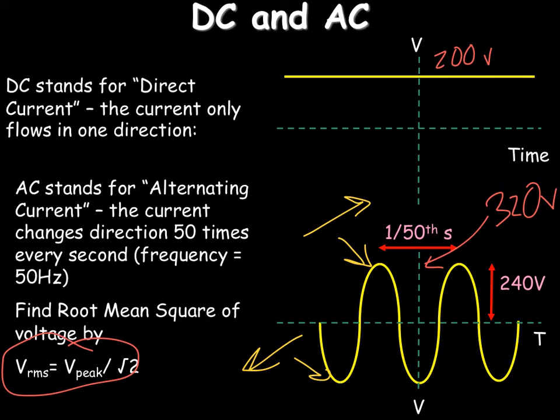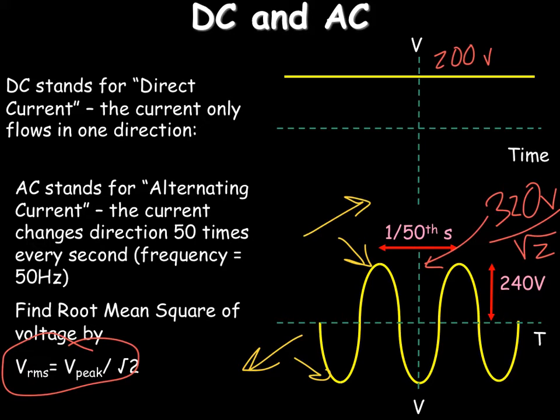The root mean square value is literally what it says. You square every point, you find the mean, and then you take the square root of that number. If you do this mathematically, you find out that you don't have to do that for every single time. You just simply divide the peak voltage, which I've said here was 320, by the square root of 2, and you get exactly the same result. And that formula is in the log table for working out the root mean square.